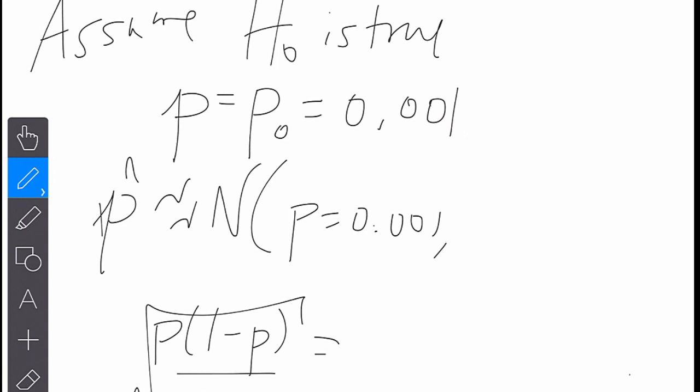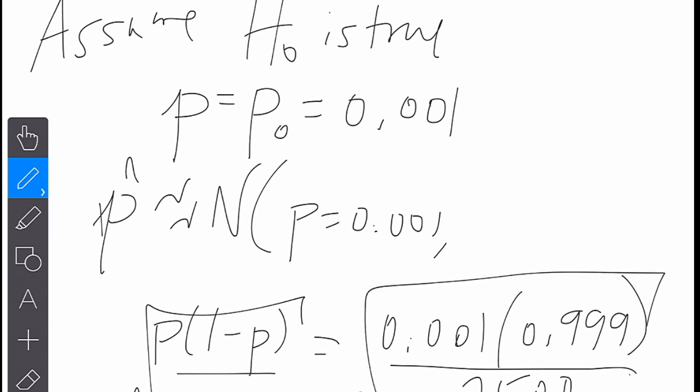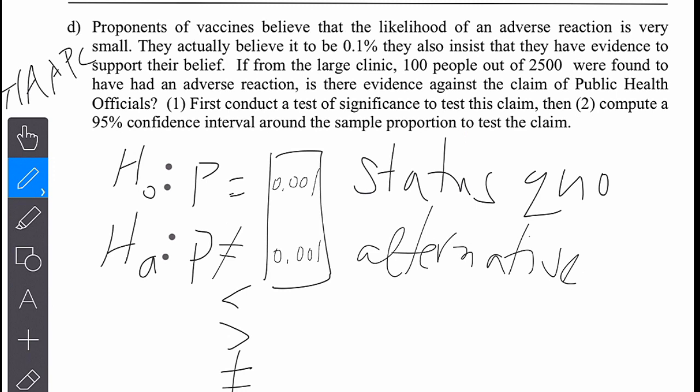So we put in 0.001 times 0.999 divided by, I think it was 2,500 in the sample, and that's my square root. And that will give me, just going to double check that, yes.